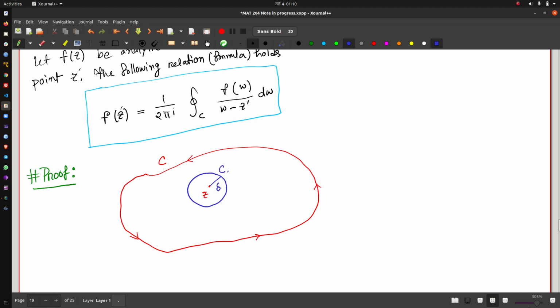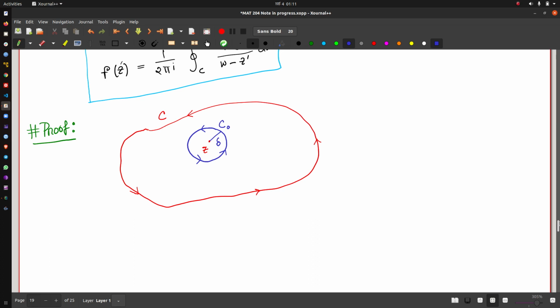Let's say this is C0. By C0 we mean the deformed contour, the very small circle. Again, since we are traversing the contour in the anti-clockwise direction, we are going to traverse this circle in the anti-clockwise direction as well.